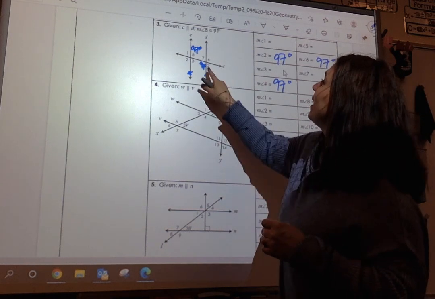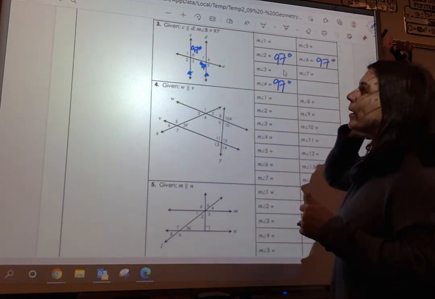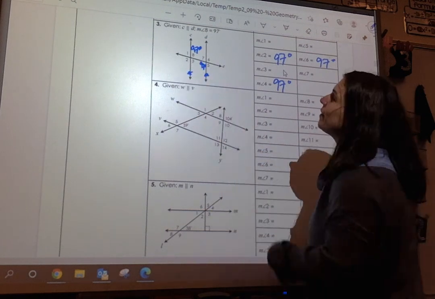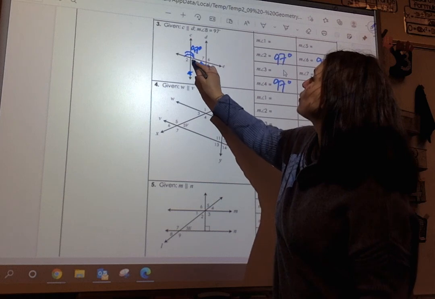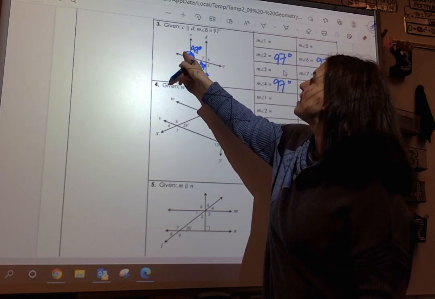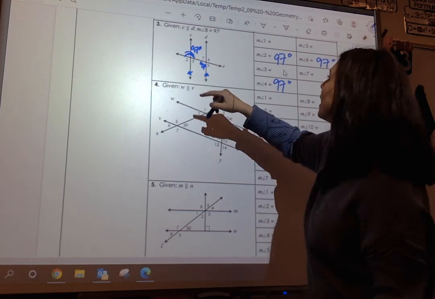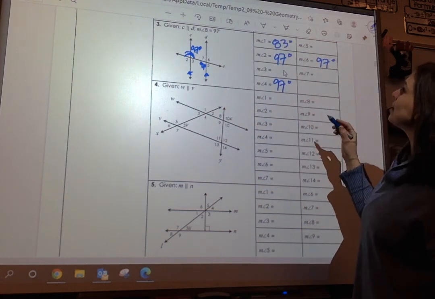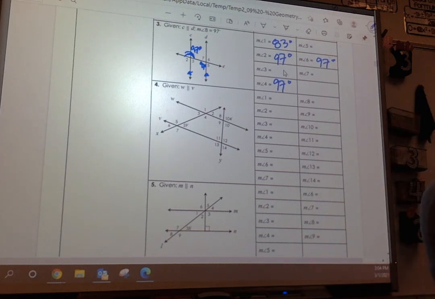I know, and 8 and 6 are corresponding either way. All right, so I know then that angle 1 and 8 are supplementary. So if this is 97, this guy needs to be 83. So angle 1 is going to be 83 degrees, right? I think that adds up to 180.